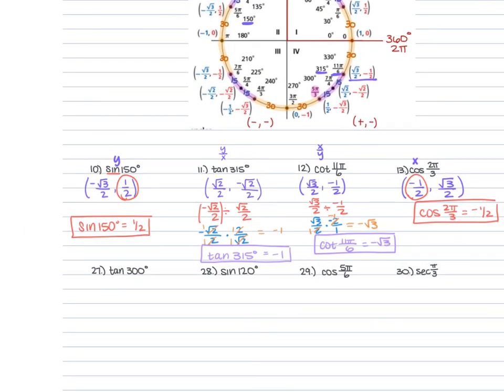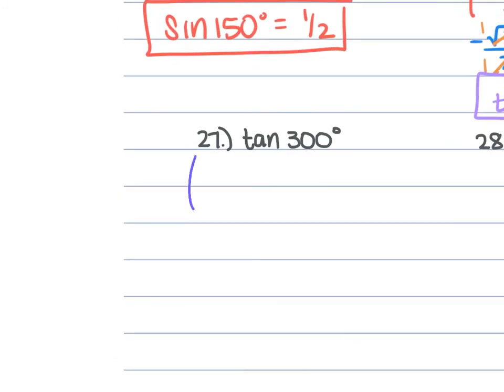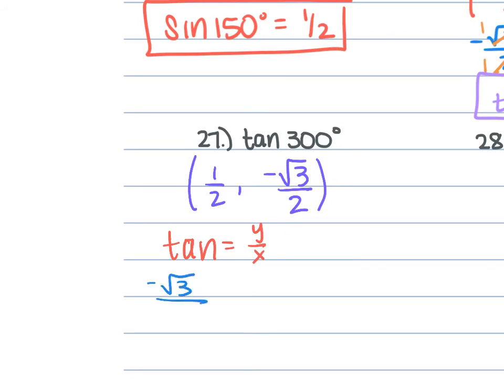For 27, we're going to work with the tangent of 300 degrees. So 300 degrees is this: 1/2, comma, negative square root 3 over 2. We're working with tangent, so that is y divided by x. So we're going to do the negative square root of 3 over 2 divided by 1/2.